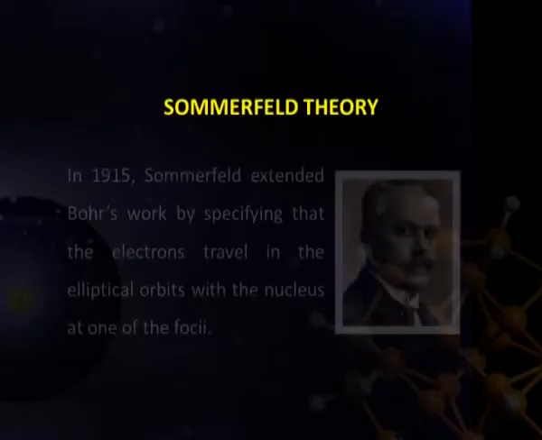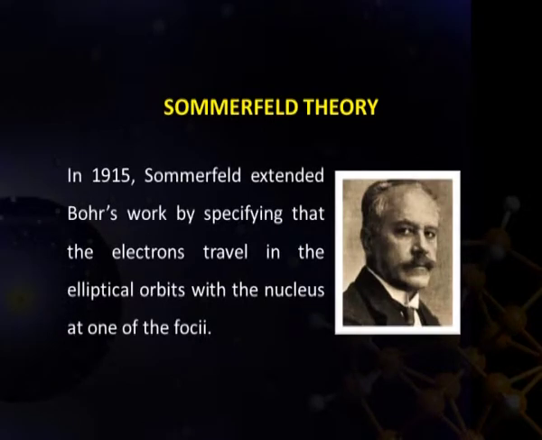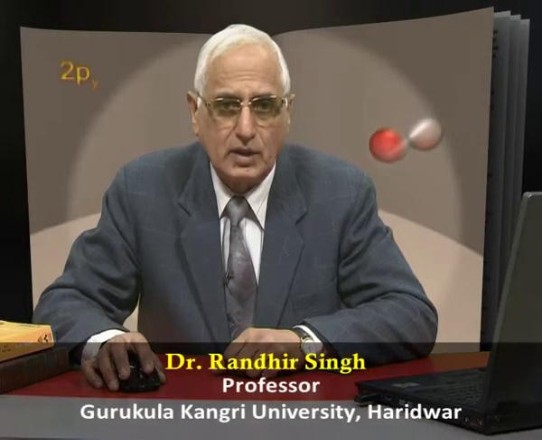Sommerfeld theory. In 1915, Sommerfeld extended Bohr's work by specifying that the electrons travel in elliptical orbits with the nucleus at one of the foci. As the orbit broadens, the lengths of the two axes become closer.